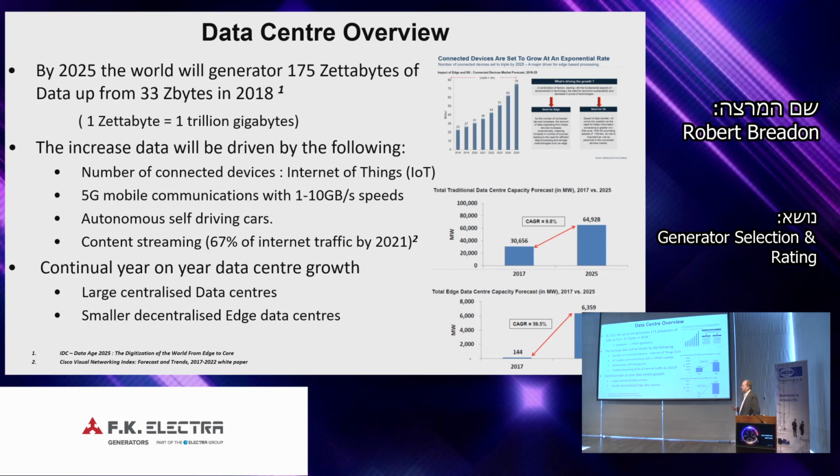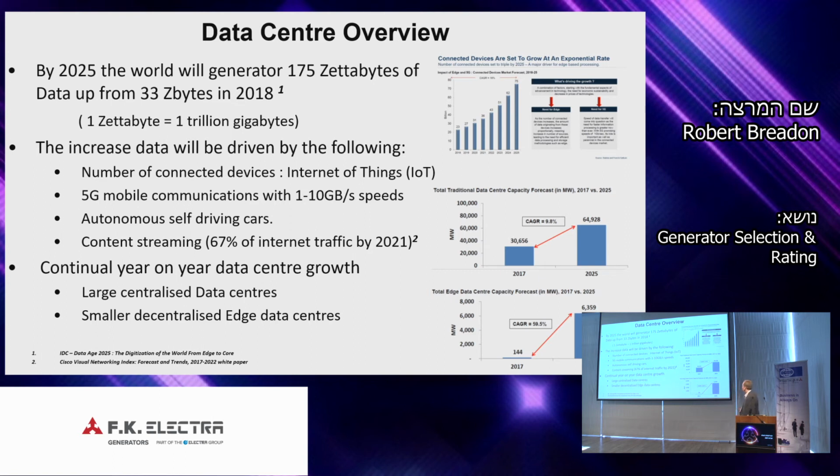There has been continual growth of data centers, and this is some reference from IDC, looking at data center growth from 2017 to 2025. Basically, the traditional data center is going to double in requirements.